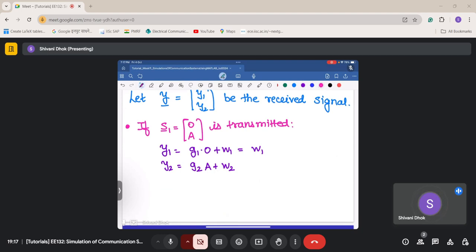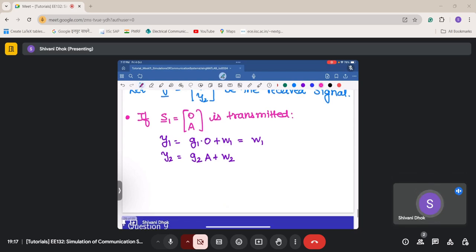Now let us first understand the statistics of these. This y1 is equal to w1, so this is distributed again as Cn 0 comma n naught. And this g2 is Cn 0 comma sigma g square, which means g2a is simply Cn 0 comma a square sigma g square.